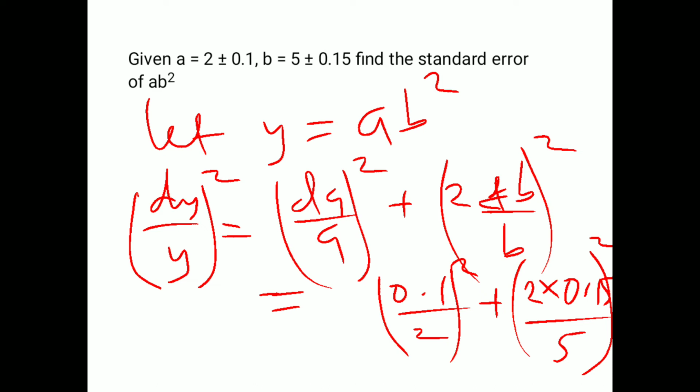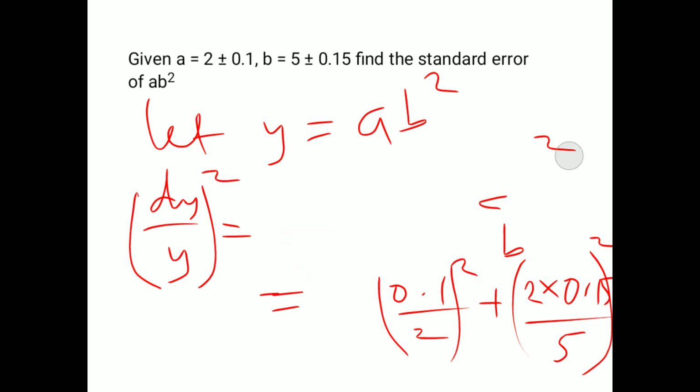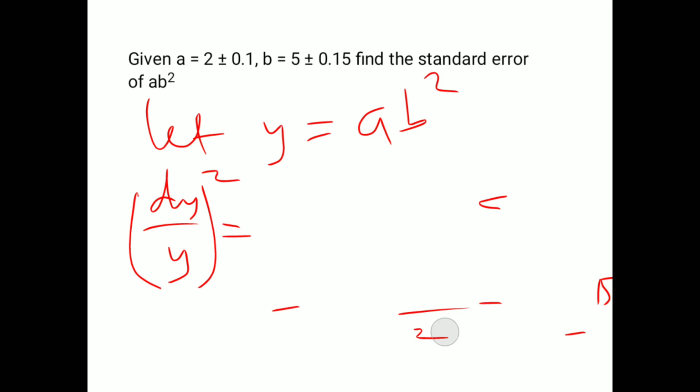So we are getting 6.1 times 10 to the power minus 3.